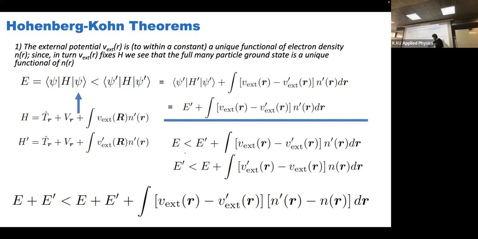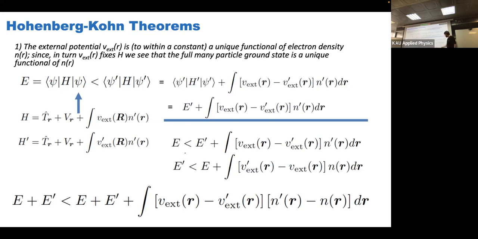But we know that these potentials differ from each other. That's why they can't make 0 just by chance, because they are very different. They differ by more than a potential plus a constant.